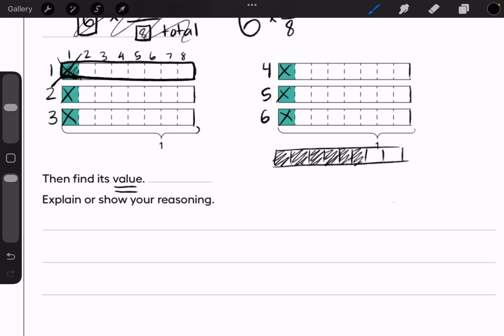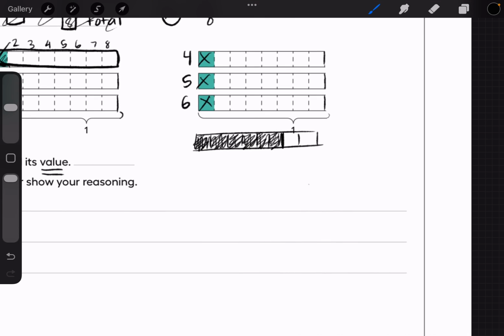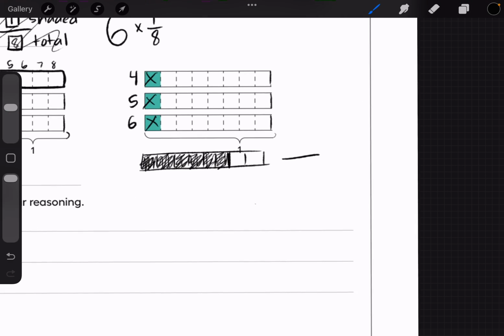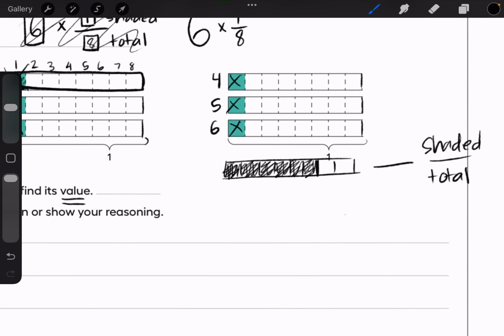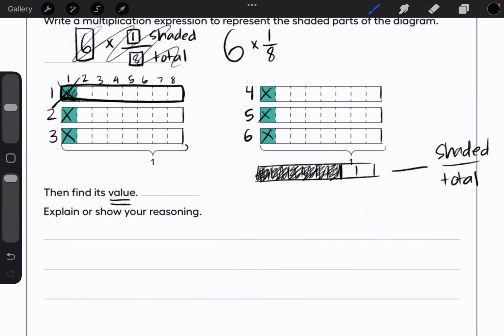So if I put them all together in one stick of licorice, like I'm putting them back together, the way they started, well, then I've got a new fraction here. What is that fraction? Well, I got to think how many parts shaded over how many parts total. How many parts was that shaded, guys? Think about it. It was 6 parts shaded.